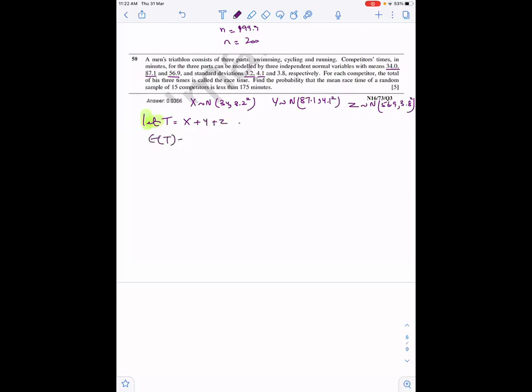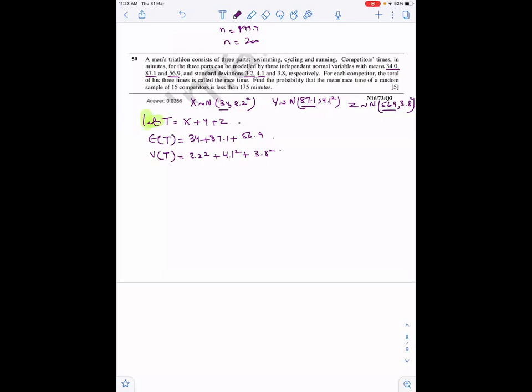So the mean of T is going to be, obviously, the sum of the means of all three. You've done that chapter, linear combinations of random variables, thoroughly? Yes. So you just have to add 34 plus 87 plus 9. For the variance, I'm adding 3.2 squared plus 4.1 squared plus 3.8 squared. I'm calculating the variance, you calculate the mean.